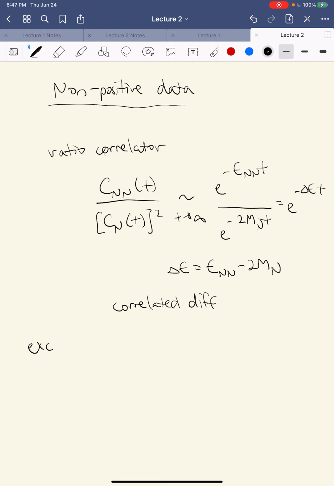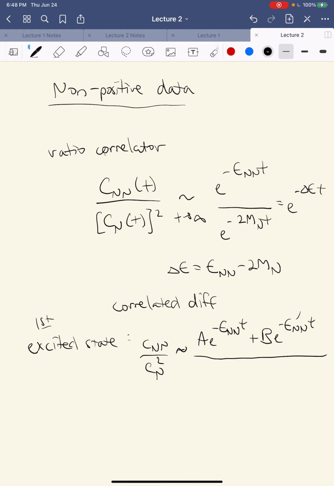So if we look at including just the first excited state into this ratio, so we're looking at C_NN over C_N squared. Okay, so let's say I'm going to put in my overlap factors as just A and B, etc. So I'm going to include the first excited state. I'm going to call that prime. Prime does not mean derivative. It just means something different.